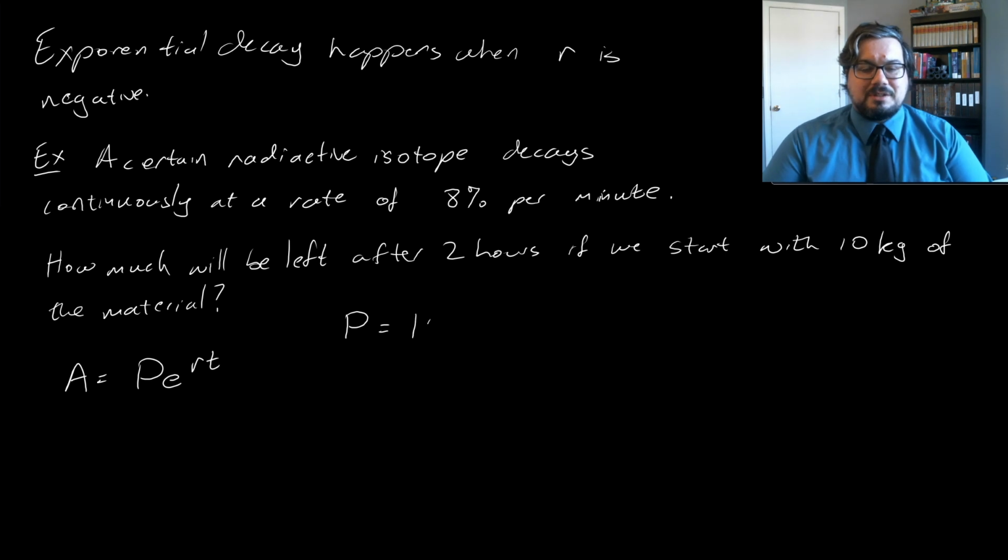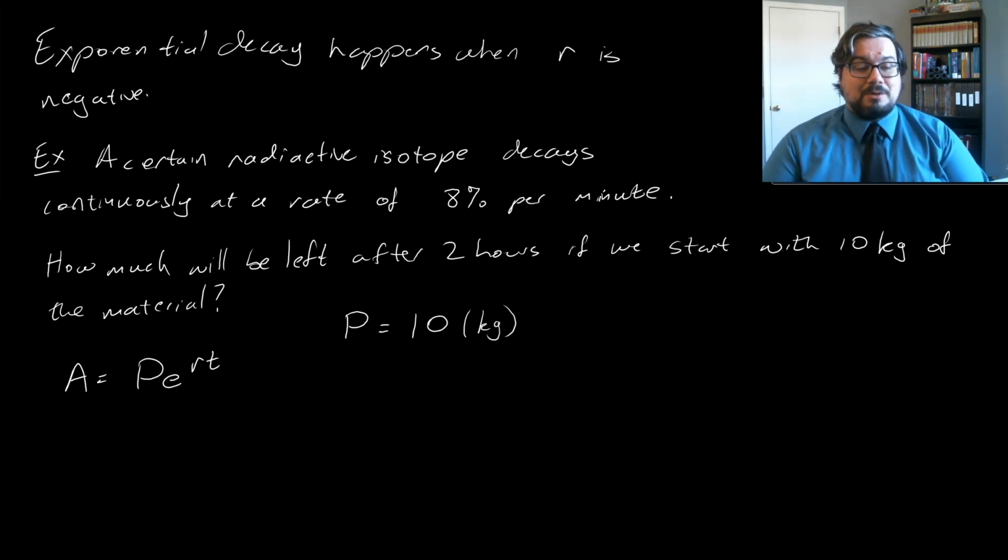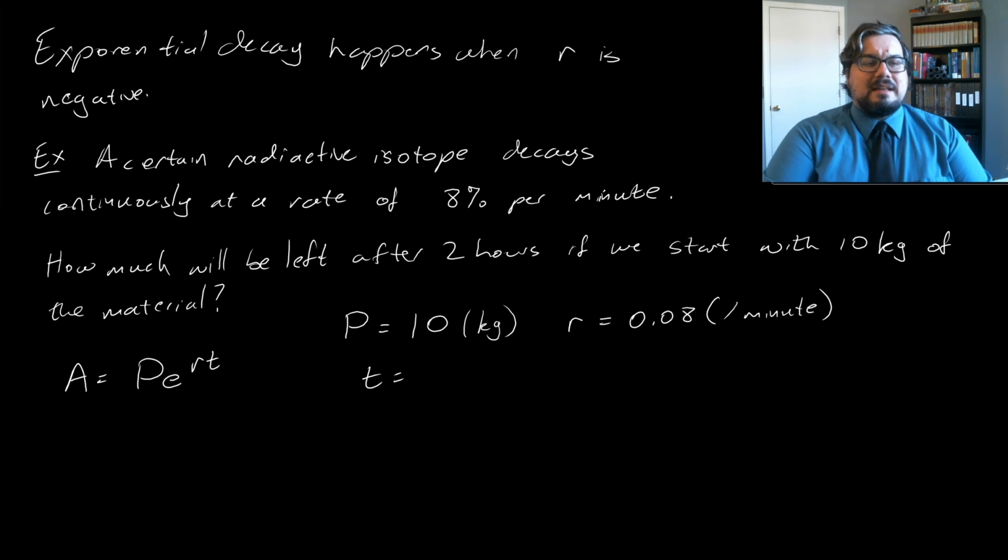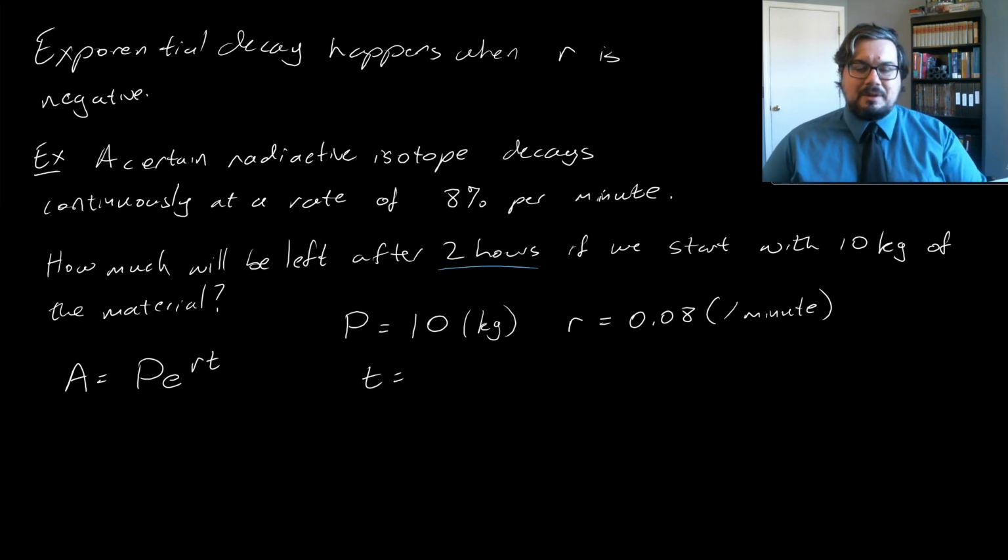Our initial amount is going to be 10, measured in kilograms, so our amount at the end is going to be measured in kilograms also. Our rate r is going to be 0.08, and that's per minute. Our time is given as 2 hours. That's the amount of time between the beginning and the end of the experiment.